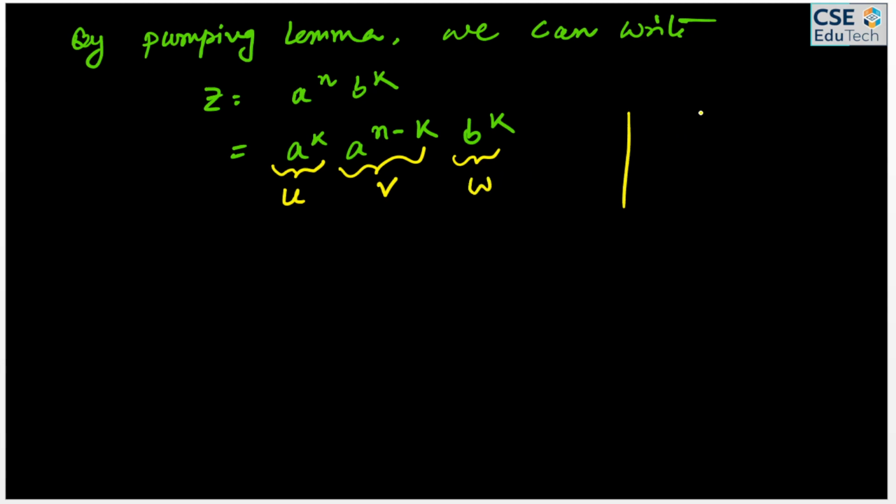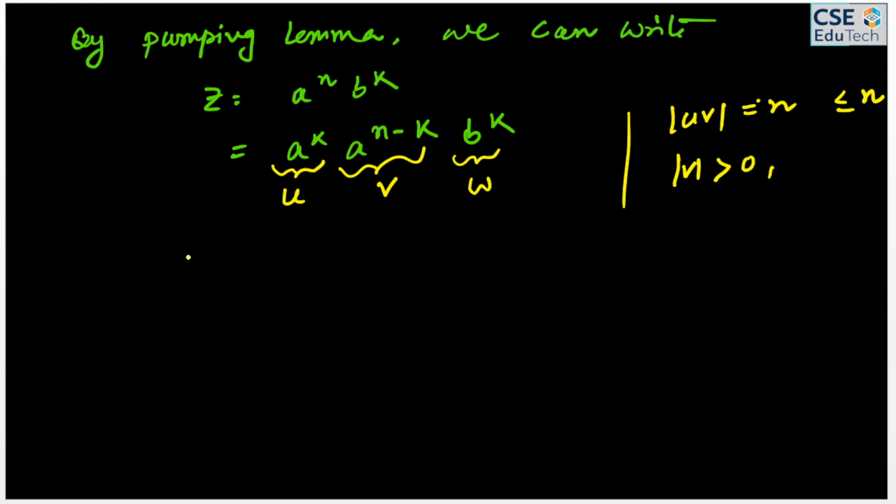Now look, the length of u v is basically equal to n, which satisfies the condition that mod of u v is less than or equal to n. Here the length of this string is n minus k, where k is greater than 0, so the length of v will always be greater than or equal to 1, and w is equal to b to the power k.